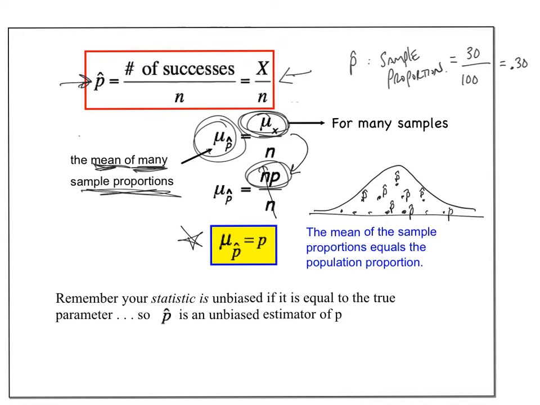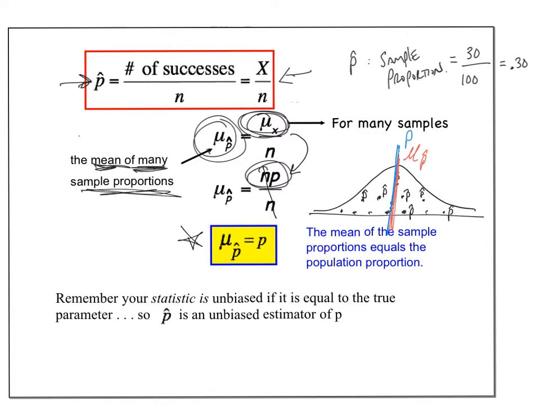Okay, all of these are little sample proportions. The mean of my distribution, the center of my distribution, so the mean of all of these little p hats, should be a good approximate of what the true population proportion is.